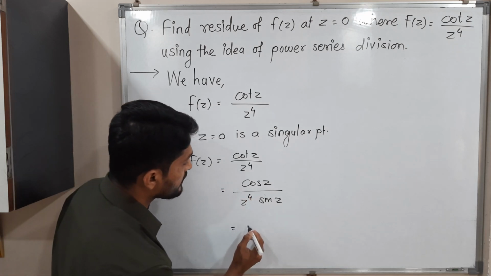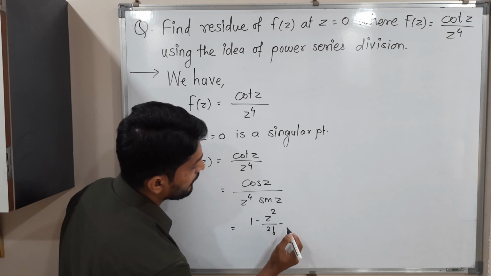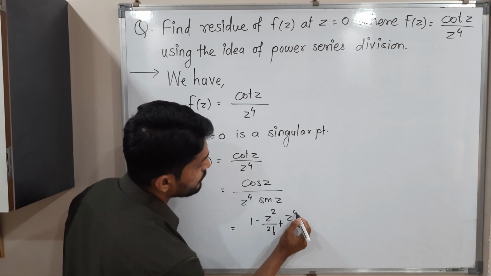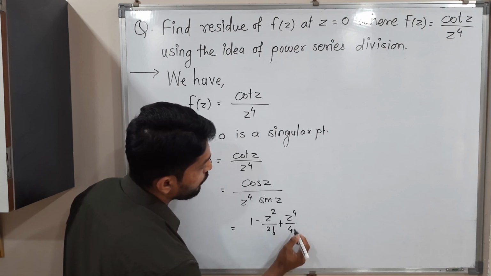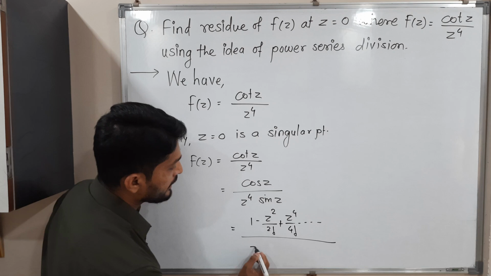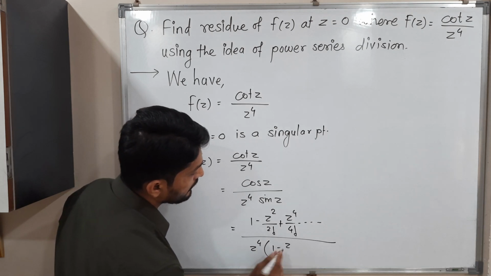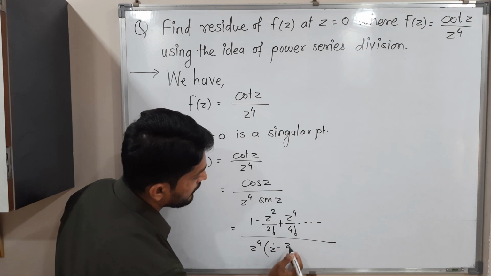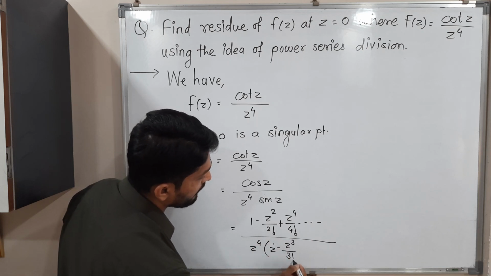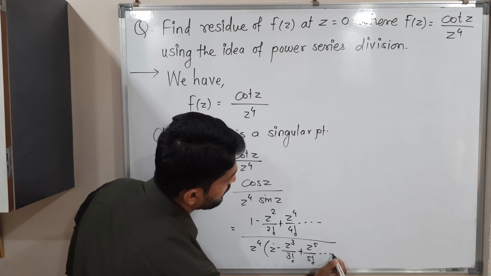The series of cos z is 1 minus z square by 2 factorial plus z raised to 4 by 4 factorial and so on. The series of sin z is z minus z cube upon 3 factorial plus z raised to 5 upon 5 factorial and so on.